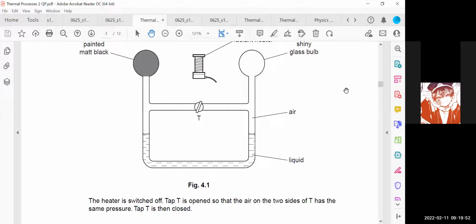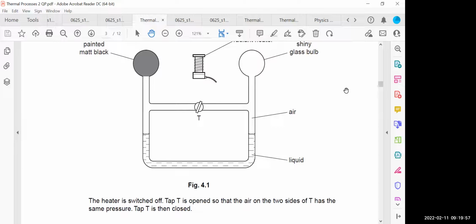Sneha? Won't the liquid level rise? No, wait. If the air expands, the liquid level will fall definitely because it will push on it.